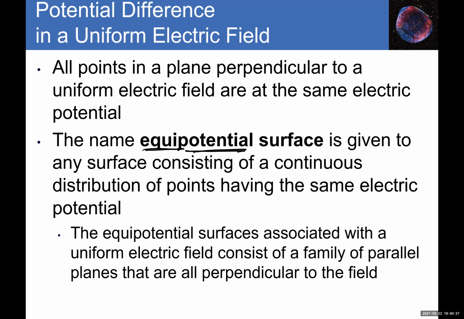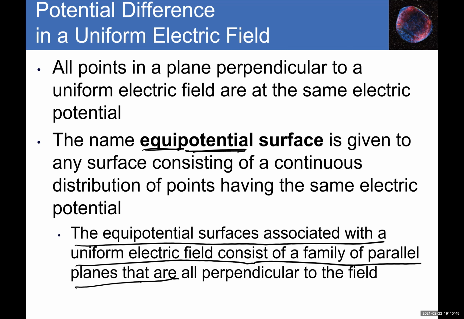The equipotential surfaces associated with a uniform electric field consist of a family of parallel planes that are perpendicular to the field. For example, let's do it over here.